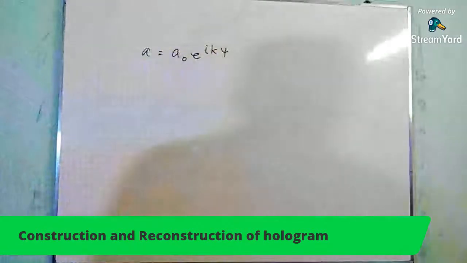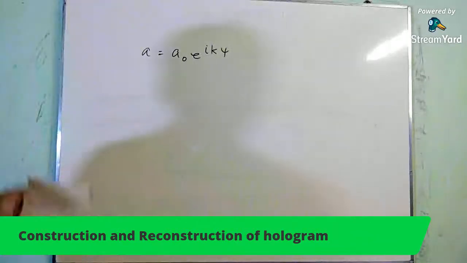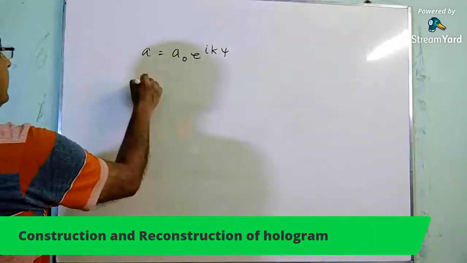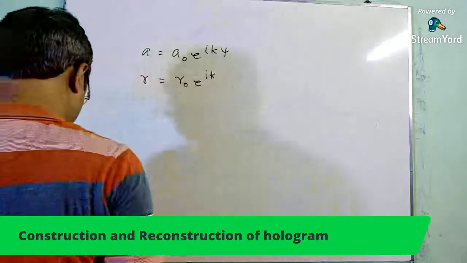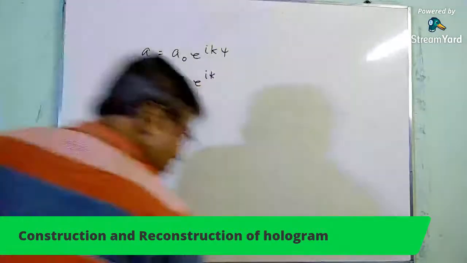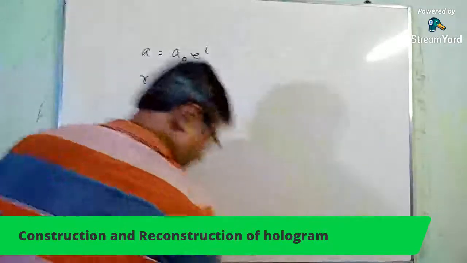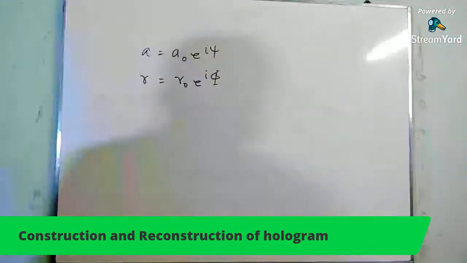This is the complex amplitude of the light wave scattered by the object and striking the hologram, so this is the object beam. And let the reference beam be r equals r0 e to the power i phi.